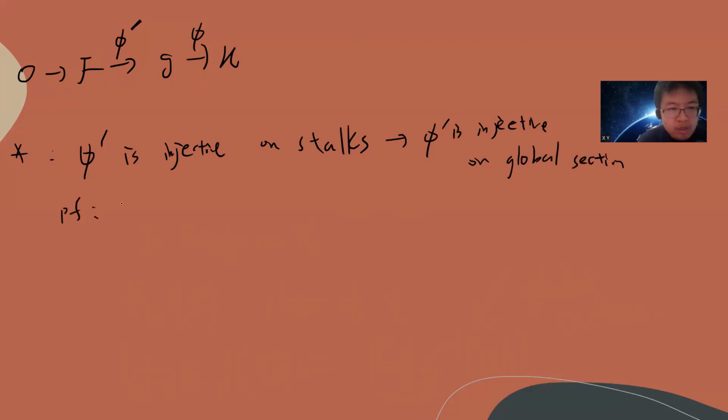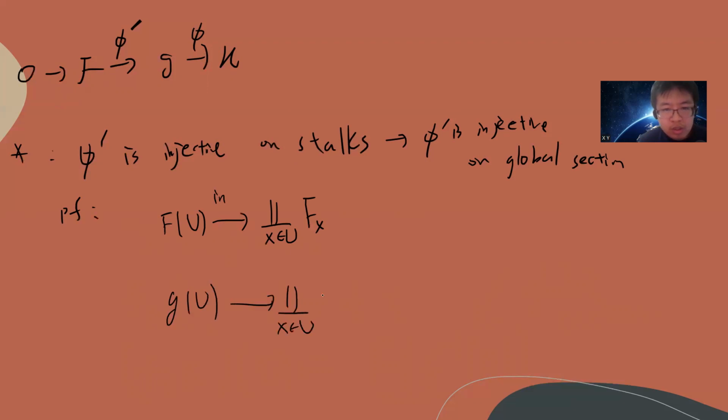The quick way to prove it, the way I usually like, is that there's an injective map from F(U) to the product over x belonging to U of F_x, and we also have G(U). This map is injective, and this map is injective because each small part is injective.